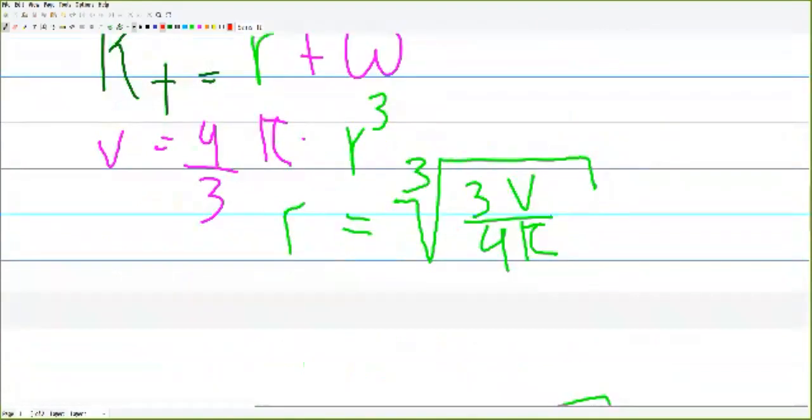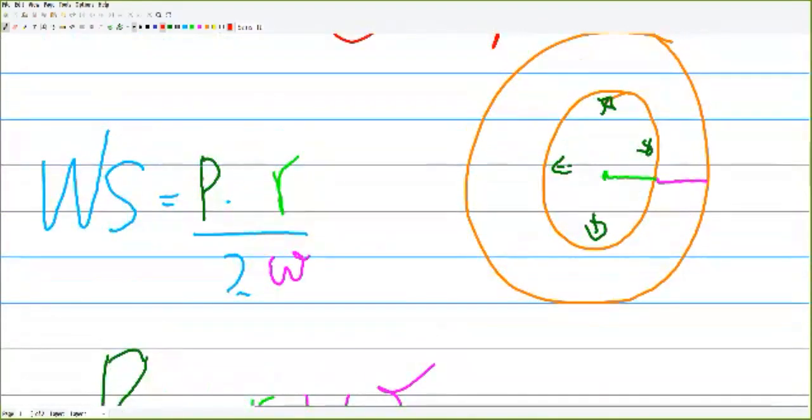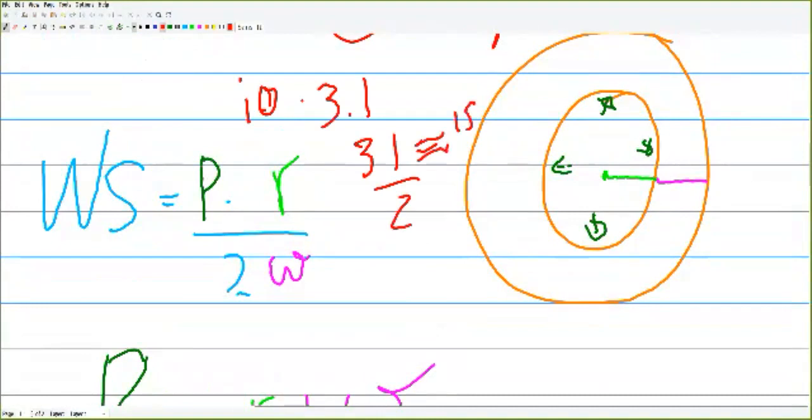And here on the wall stress, we can know the wall stress, which is pressure 10 times 3.1, which is 31, divided by 2. That's around 15. And the other was 33 divided by 2, which is around 17. Something like that.